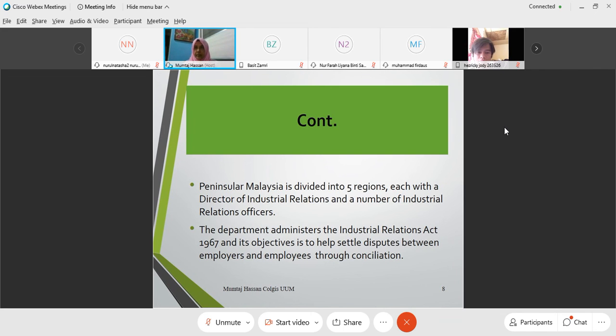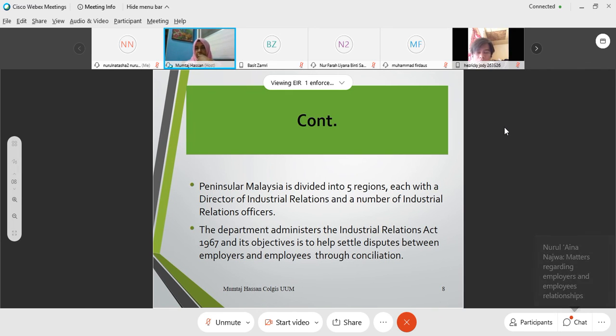Now we already explained for what matters we use the Industrial Relation Act. So what matters do you go to the Industrial Relation Department for? Anyone who would like to give the answer? Any anyone who would like to give me the answer?